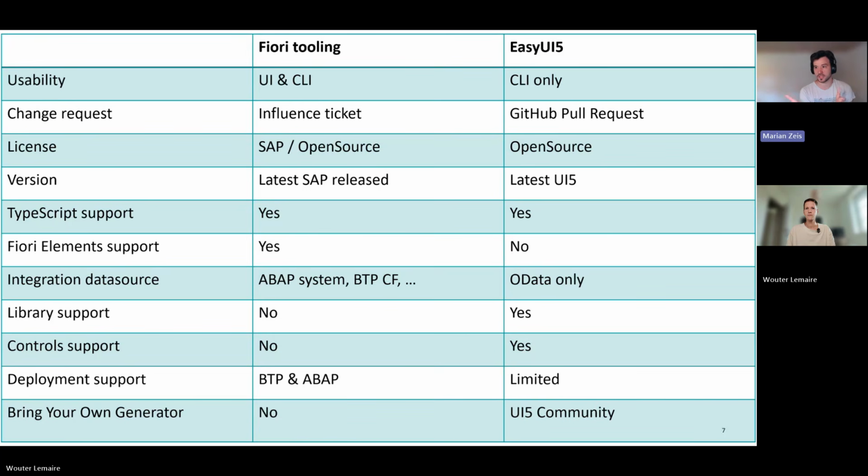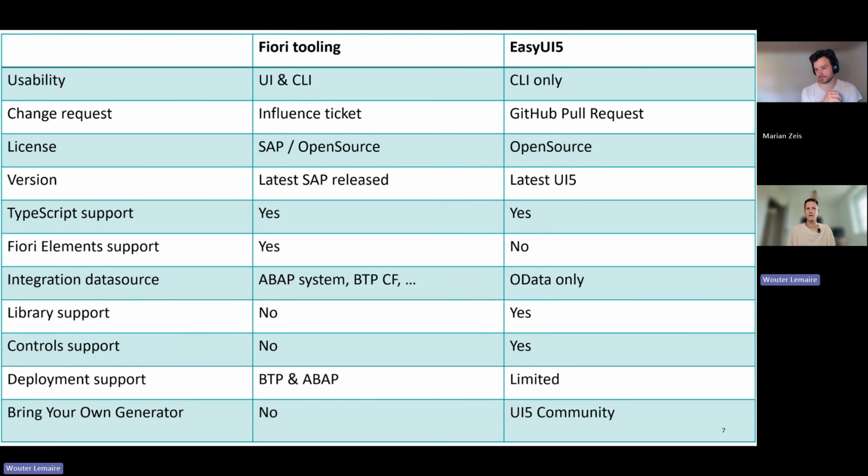Obviously, I use it for both because for me, it's the default standard. So it's not like I focus on that part and only use that part. I can use the Fiori tools extension in freestyle apps as well. So it really depends how you work, how you use it, what your requirements are. It's not like one or the other. That's a good thing about it. You can use both at the same time.